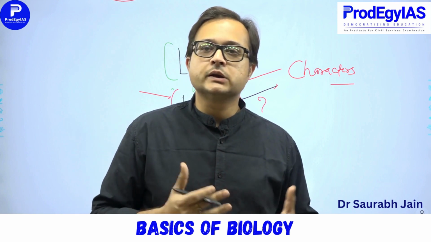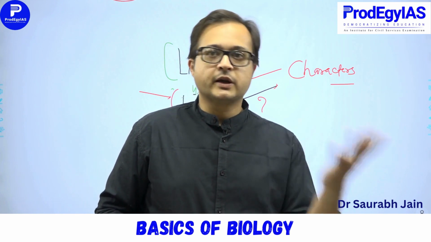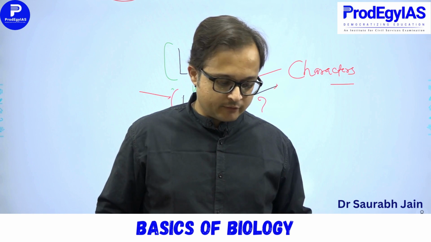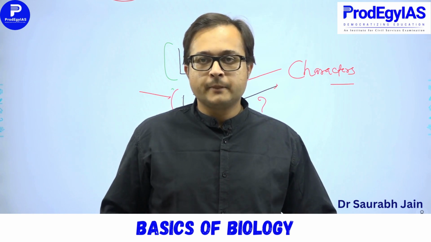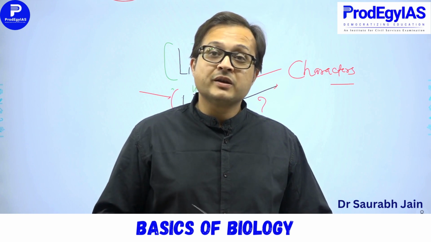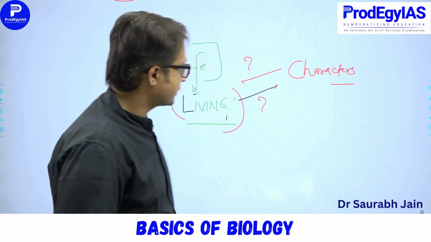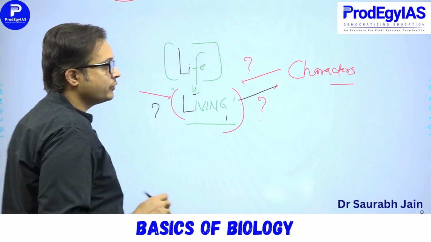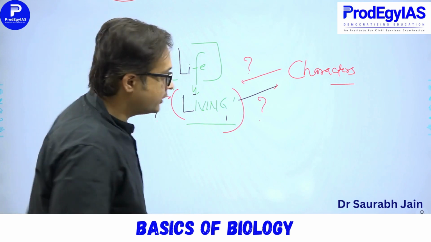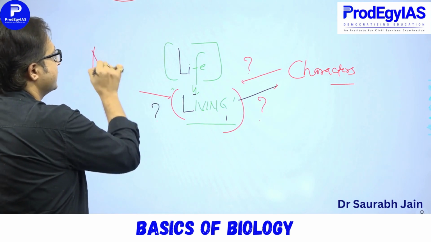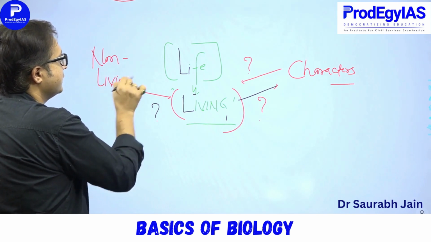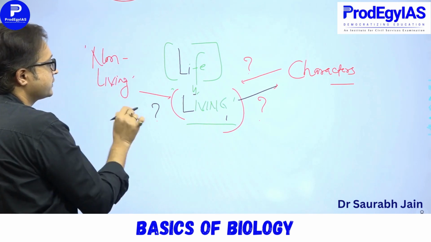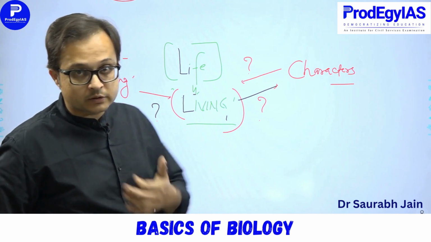That's why it will naturally have certain defined characteristics which are exhibited, right? So what exactly remains living over here is a question mark. What you define as living and what you define as non-living is something which has to be understood while we start studying biology, right?